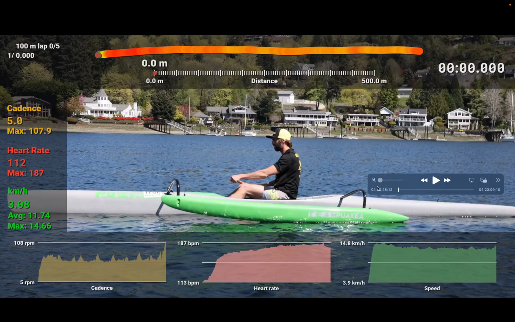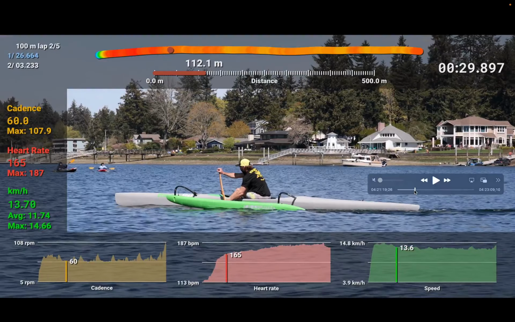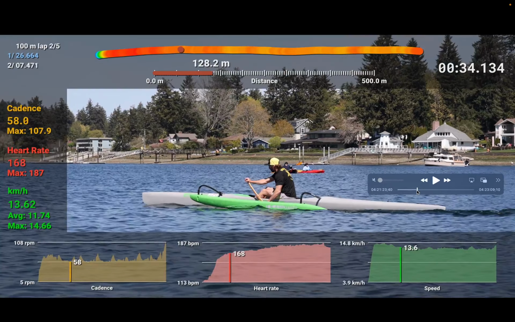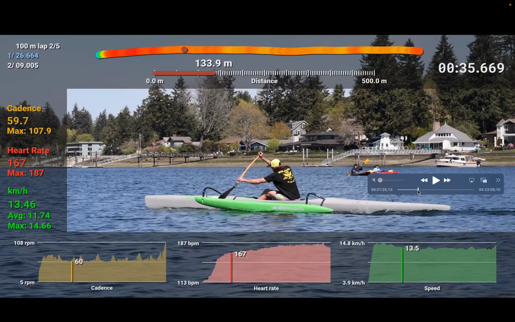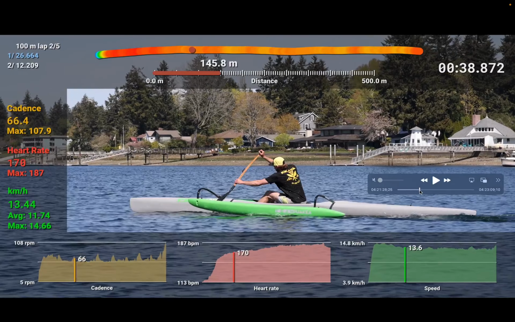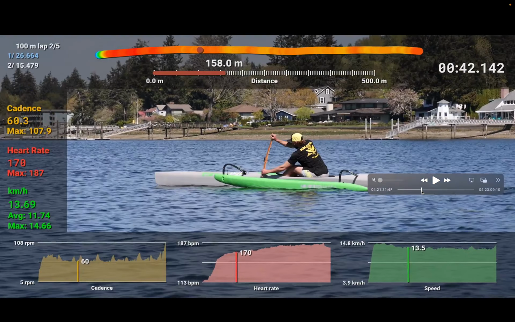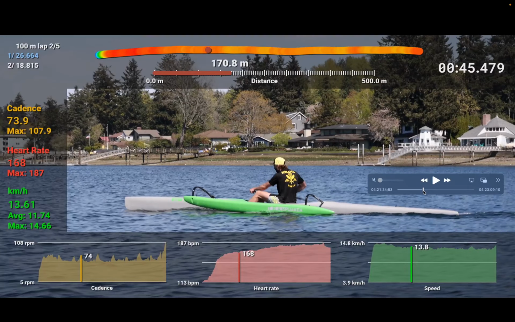Let's see. I'm gonna jump around. Let's see your left side, 60 stroke rate, 13.6. Left side, 70, it's the same speed, just higher stroke rate. Okay, when do you switch? You didn't, right there.